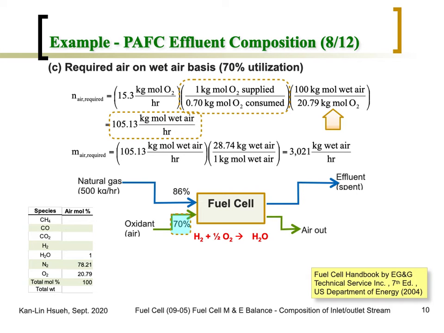Then for the mass flow, we simply multiply by the average molecular weight. From the table in the lower right corner, the total molecular weight of the wet air is 28.74 kilogram per kilomole. So we multiply by that, and we come out with 3,021 kilogram of wet air per hour that needs to be fed into the fuel cell.